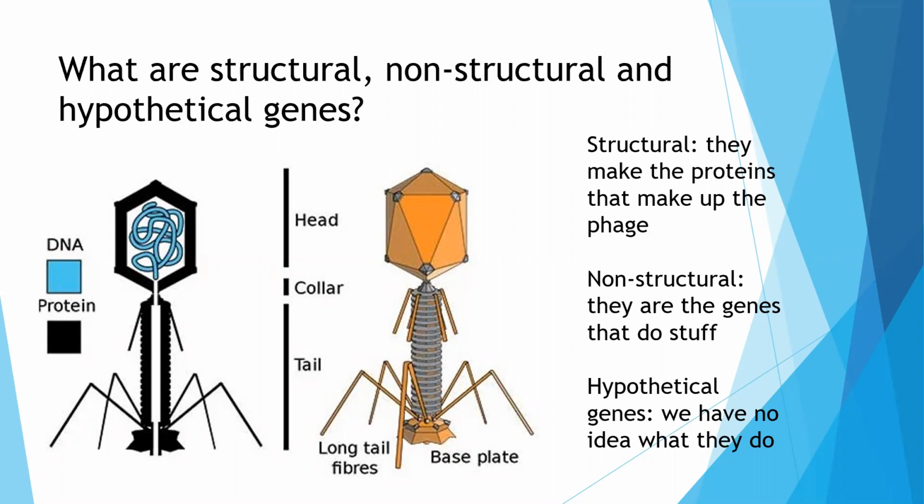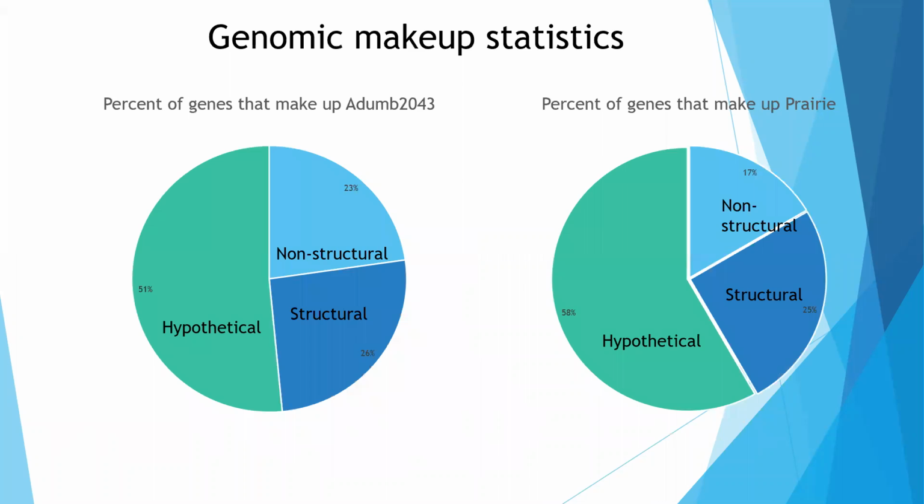We're lost. So I took that information and condensed it even more into a pie chart to see what percentage we had of those genes. We found that in ADAM 2043, we only knew less than 50% of what the genes did. 51% of the genes were hypothetical. 26% were structural versus 23% non-structural.